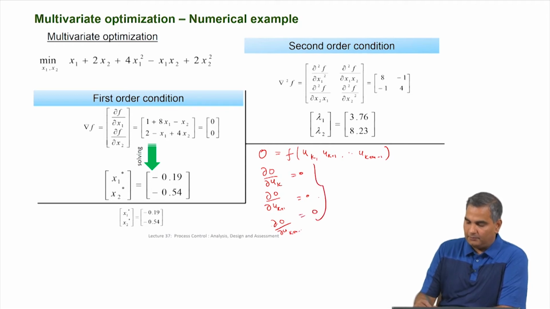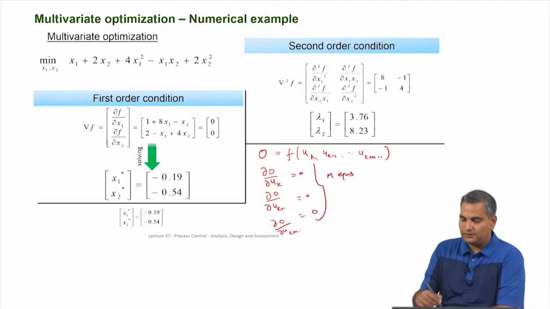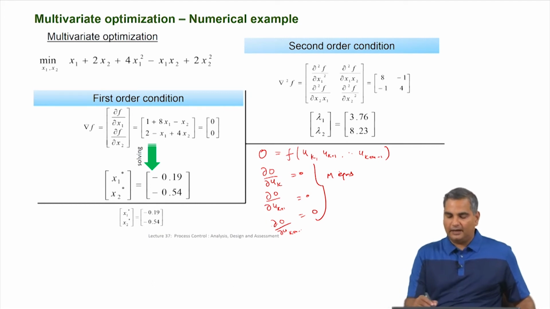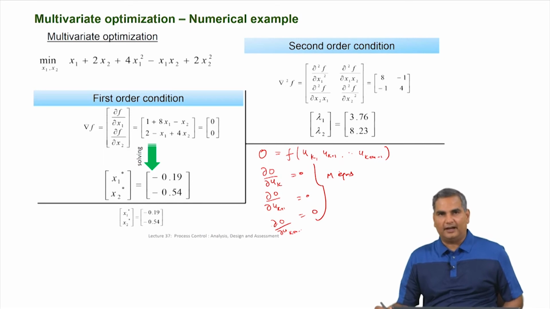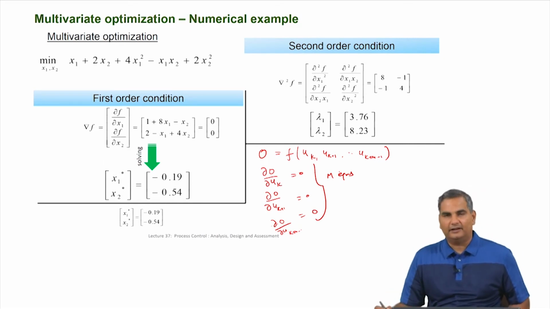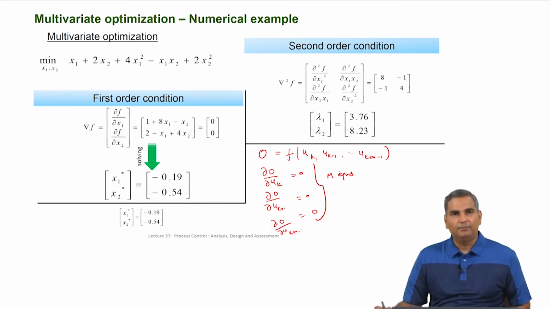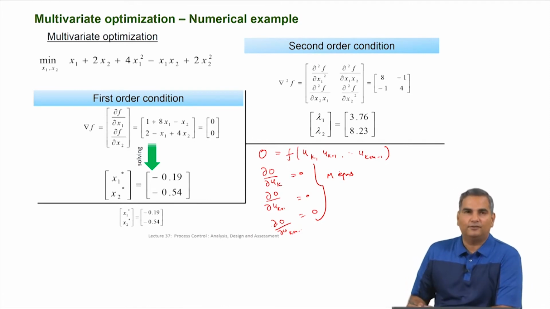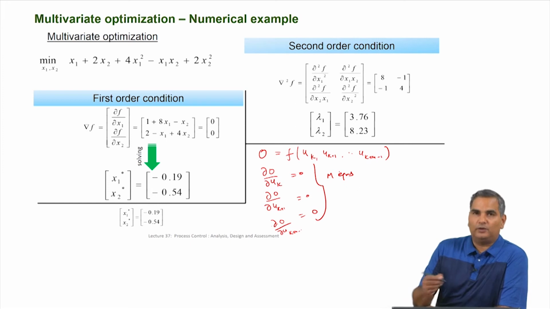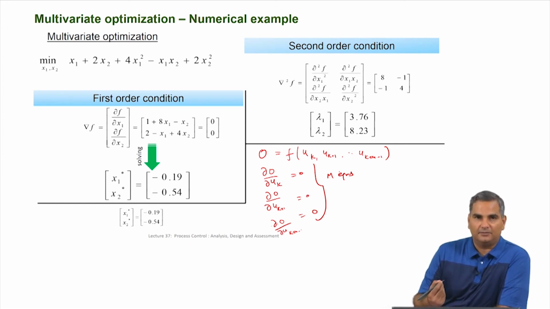So, I will get my m equations in these m variables, and then if I solve for this, I will get my m values, and if you formulate it right, the second order condition will be automatically satisfied. That basically means if I keep these values for these control variables, that would optimize my objective function.